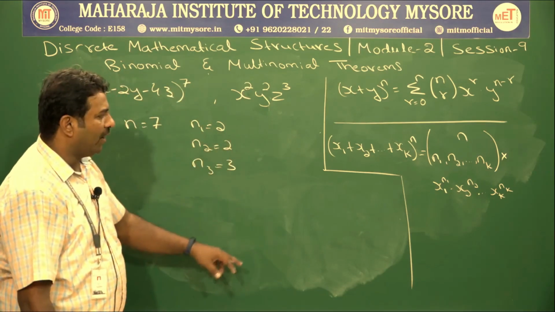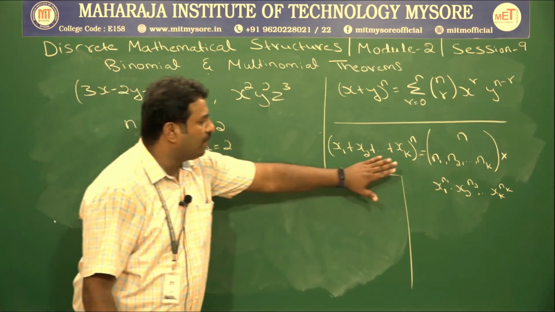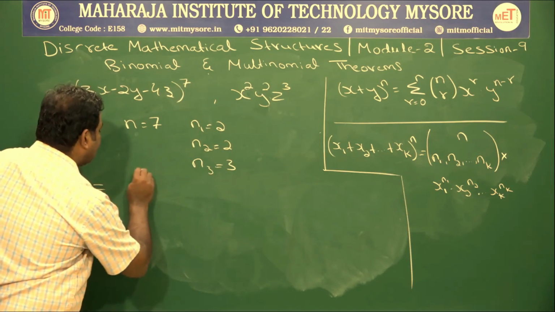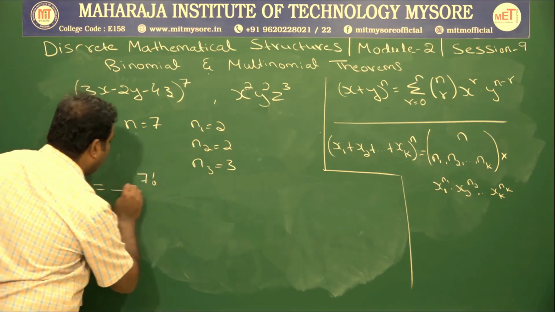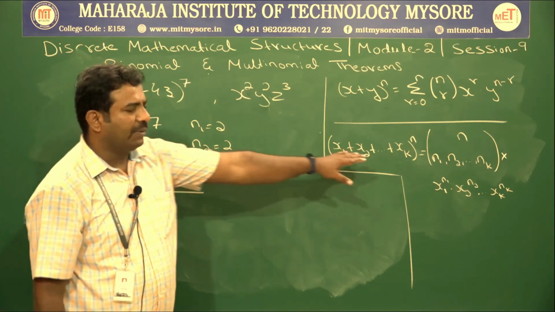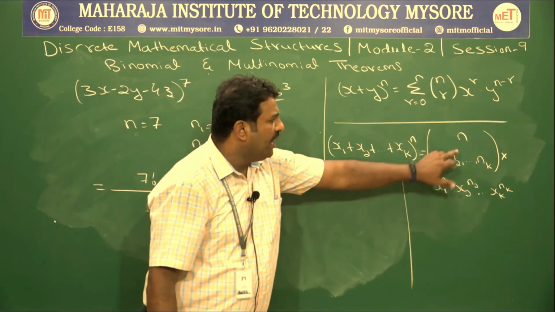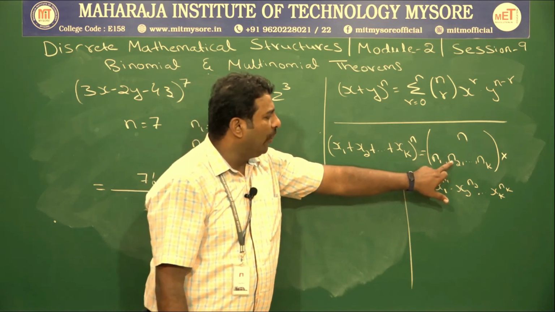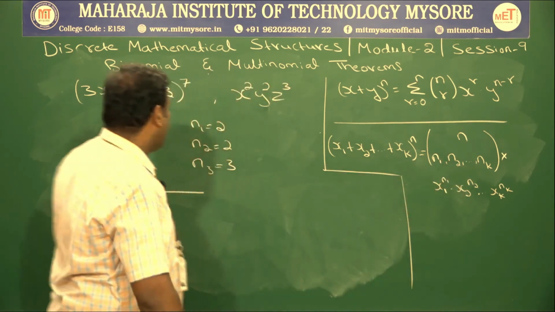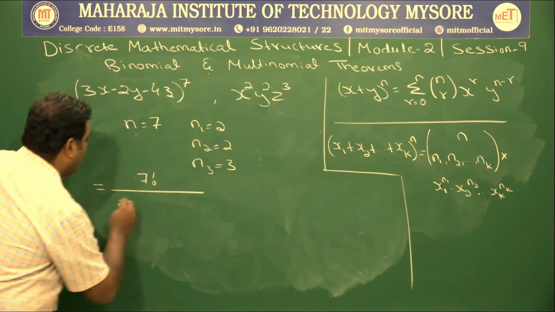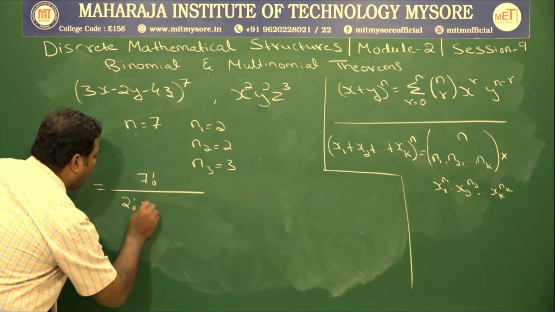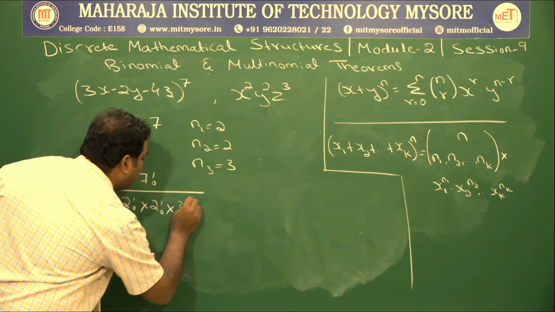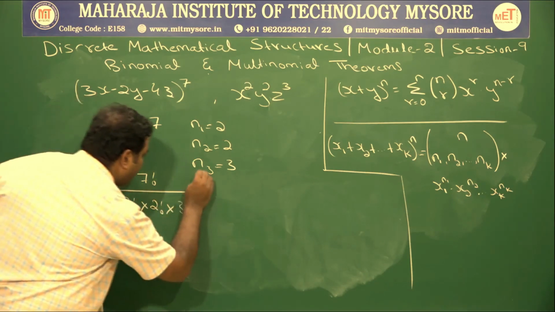I know the three powers, so now I substitute into the formula. This is equivalent to 7 factorial divided by 2 factorial multiplied with 2 factorial multiplied with 3 factorial, since we again have the combination form, n factorial divided by n1 factorial into n2 factorial, and so on.